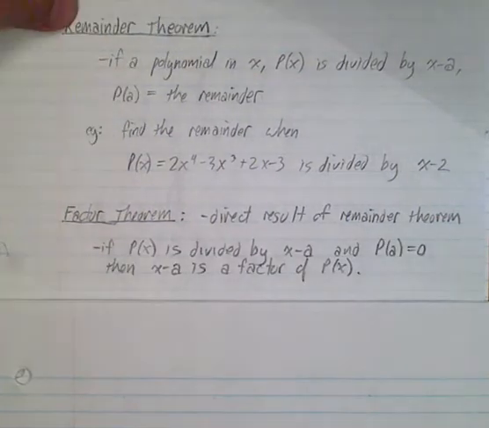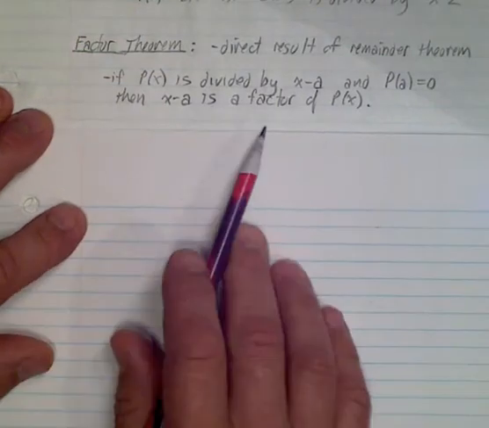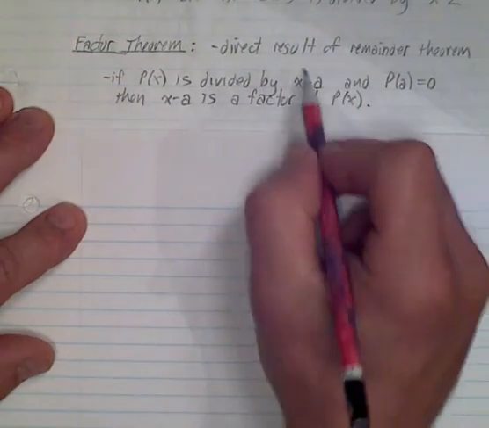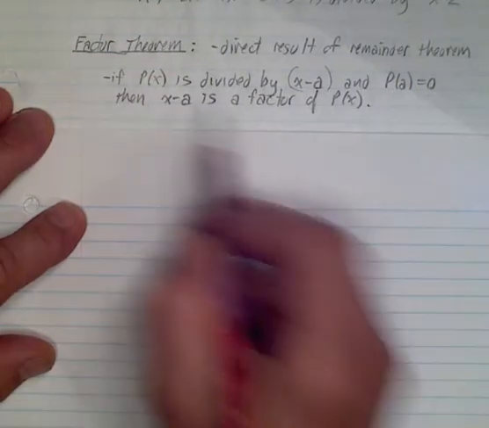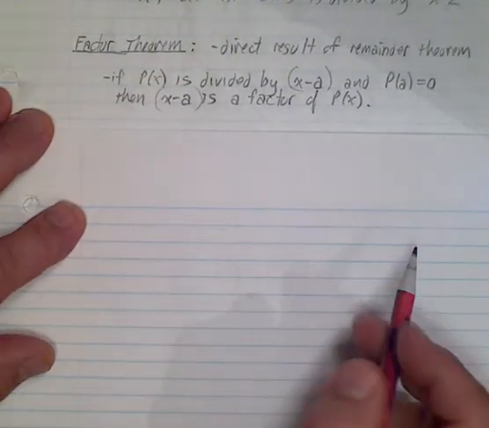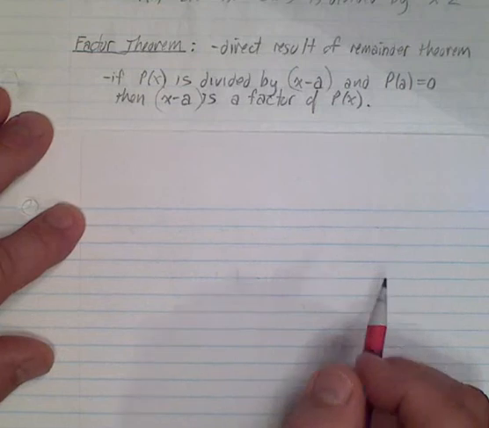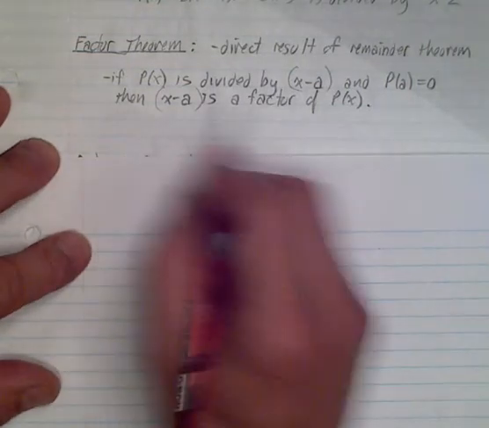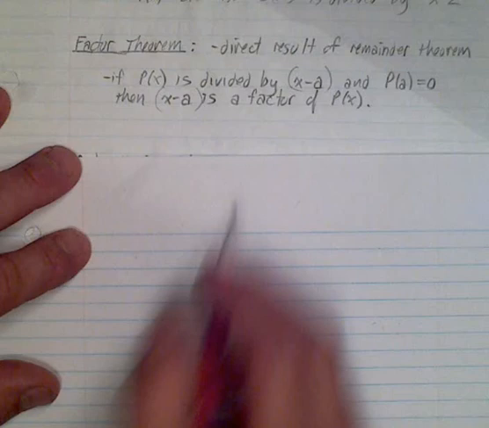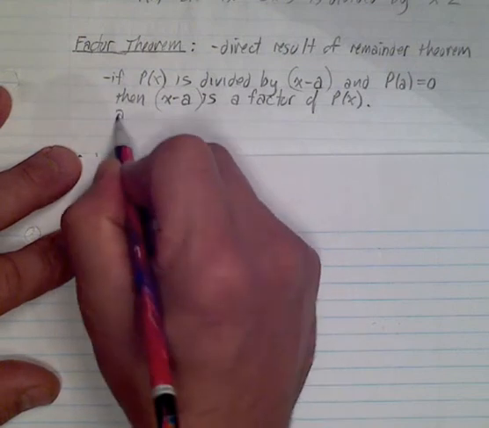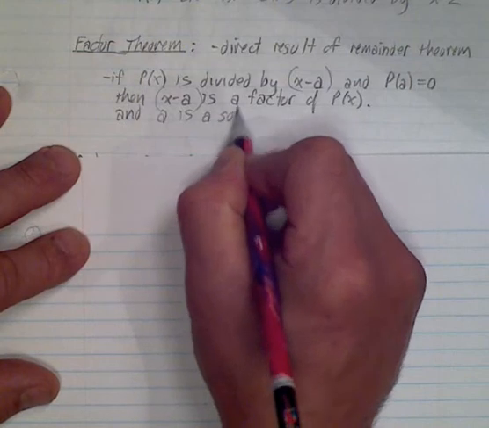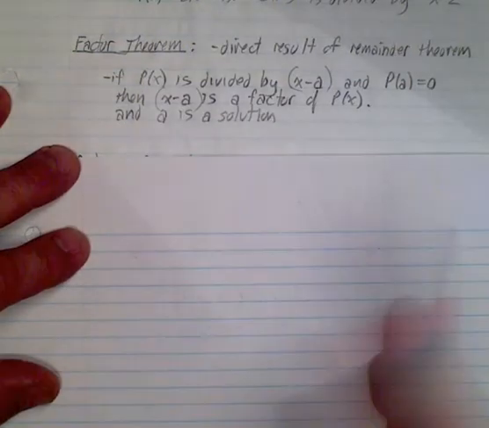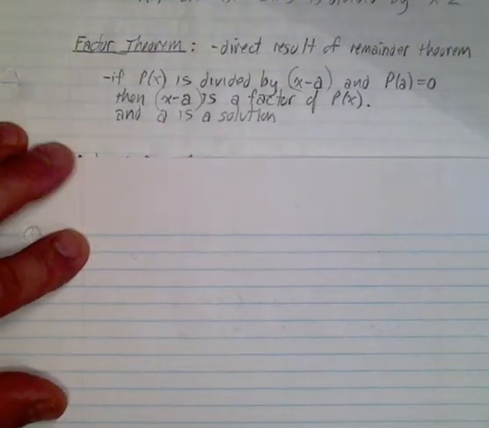So if p of x is divided by x minus a, and p of a equals 0, then x minus a is a factor of p of x. And it means that a is a solution as well, or a root or a 0 or an x-intercept, all right?